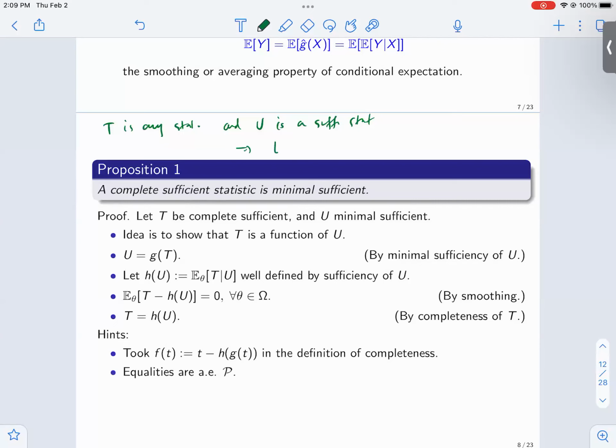Then the expectation under theta of t given u does not depend on theta. And because it's a function of u, that function of u, whatever it is, let's say g(u), will be a new statistic because both u and t are functions of x, so this is going to be a function of x. Yes.